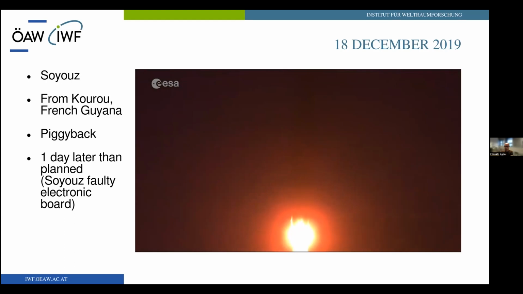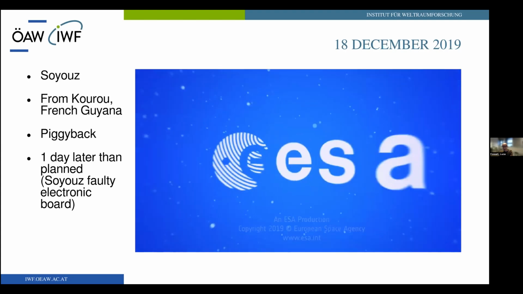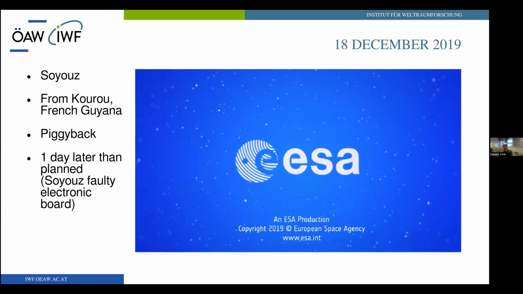That was a very different world at the time. The Russian engineers that serviced the Soyuz simply exchanged the electronic board during the night, and then launch could occur the day after. CHEOPS wasn't launched alone. It was launched together with another satellite, which at the time was an Italian spy satellite.